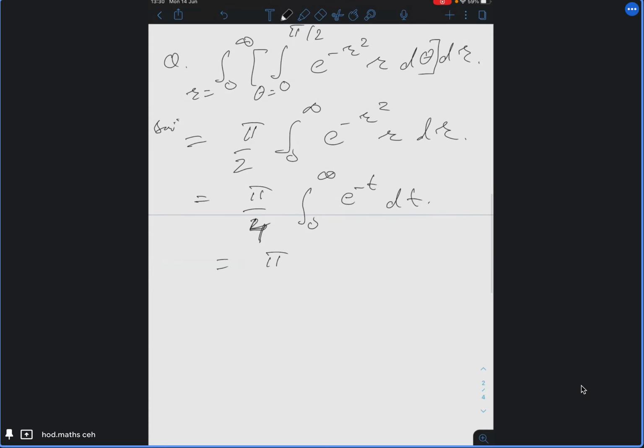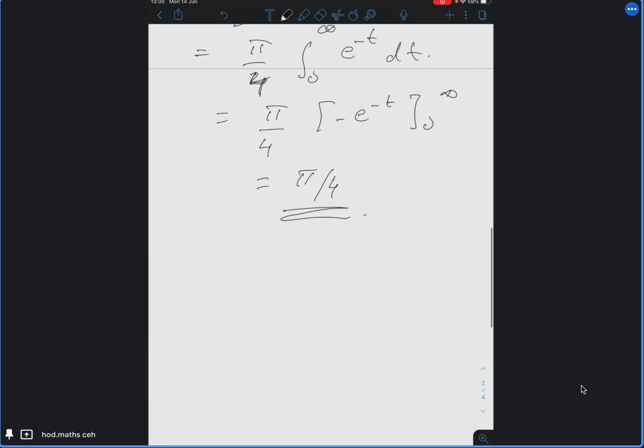So this will be pi by 4 into minus e to the power minus t, 0 to infinity. So e to the power minus infinity is 0. Minus minus plus, you will have 1. So the answer is pi by 4. Understood? Will you be able to solve it? Yes, ma'am.